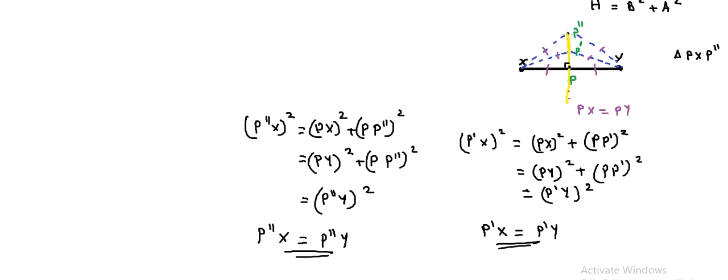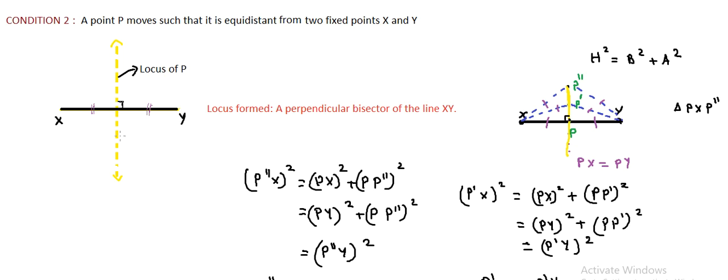The point P moves along this yellow line, so the locus formed here is the perpendicular bisector of the line XY.